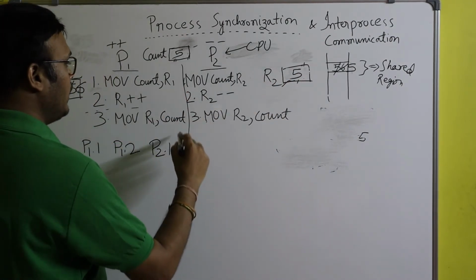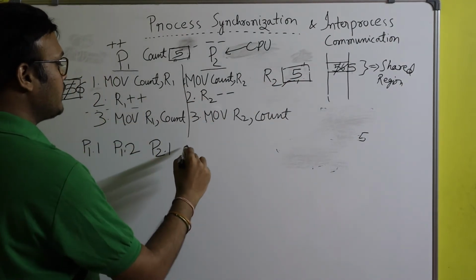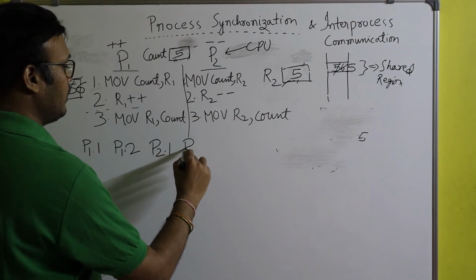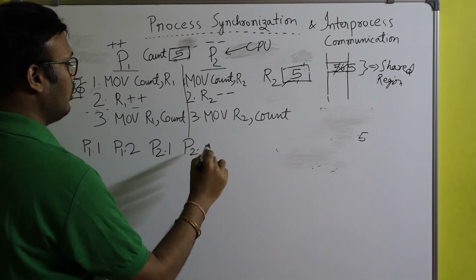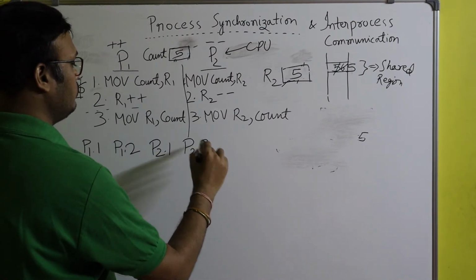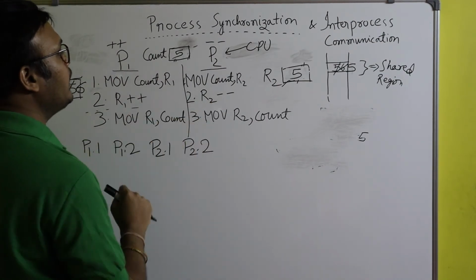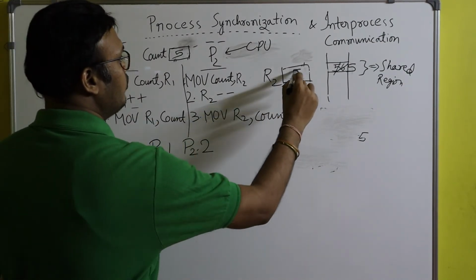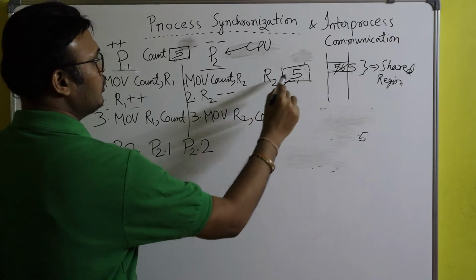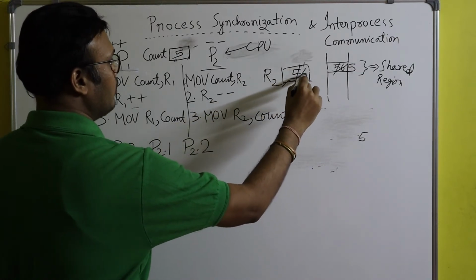Now process P2 will execute its second line, P2.2. In the second line there is a decrement, 5 to 4, so the value got decremented to 4.